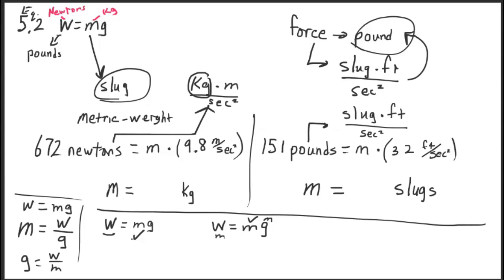And so we do the multiplication. We end up with a slug times foot over second squared, or a mass unit, slug, times displacement, feet, over time squared, second squared. What is that called? That's called a force. In English, we use pounds for force.